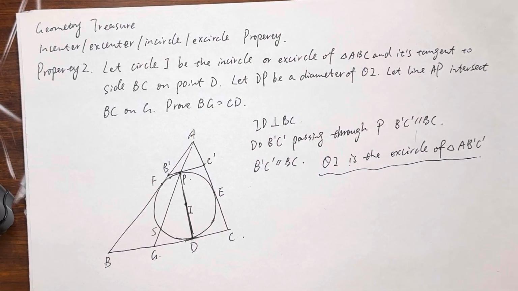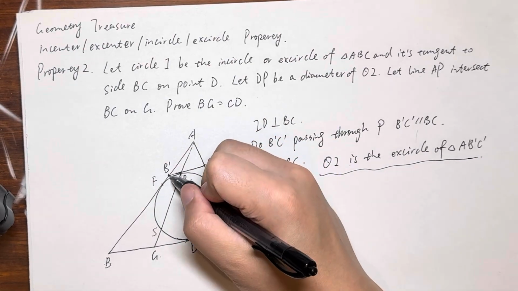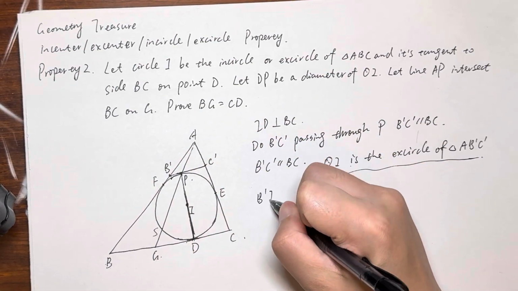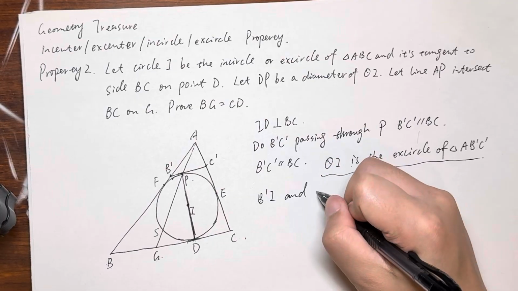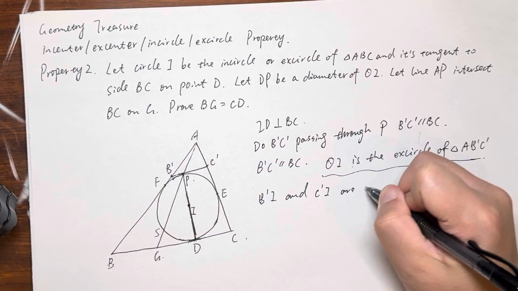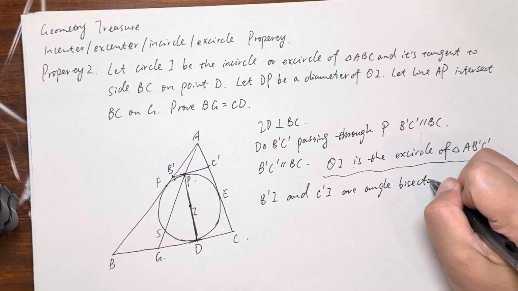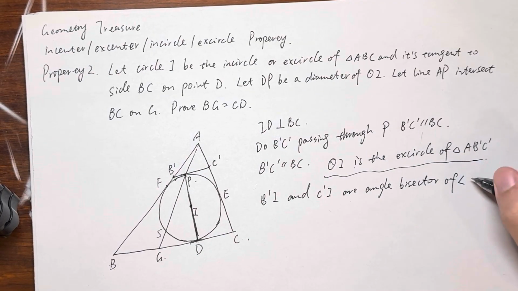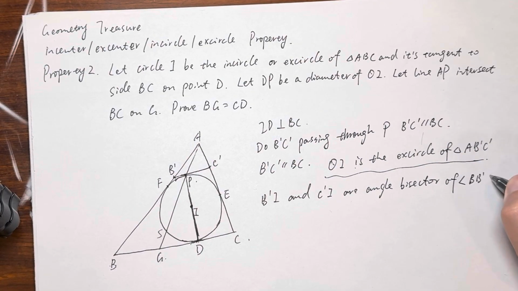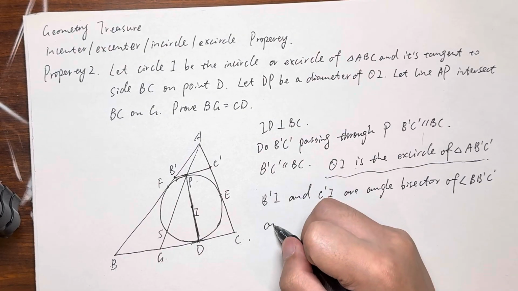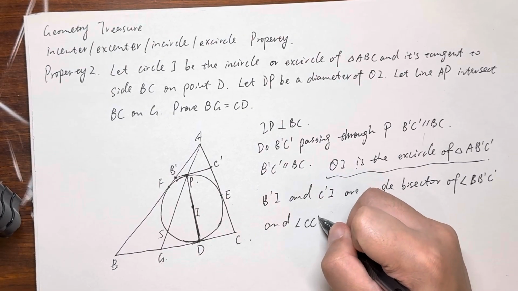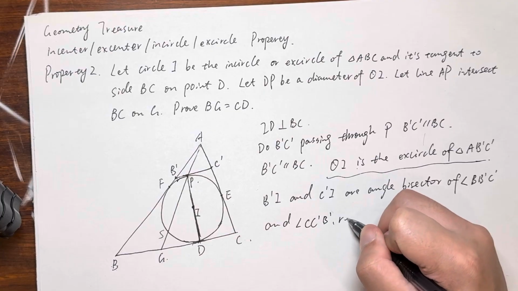Because of this, we know that B prime I and C prime I are angle bisectors of angle BB prime C prime and angle CC prime B prime respectively.